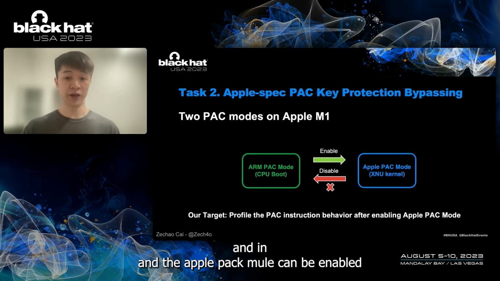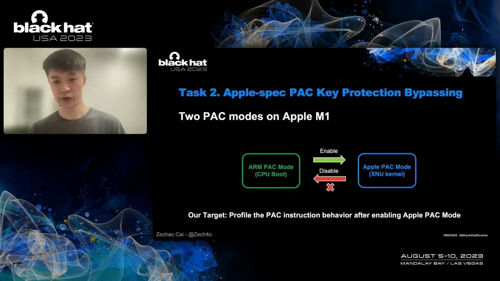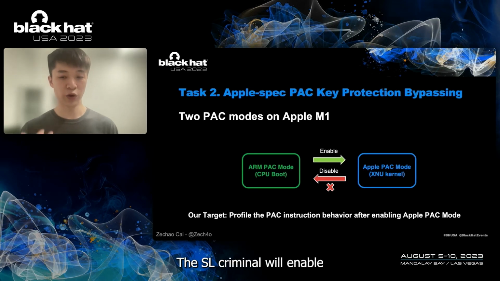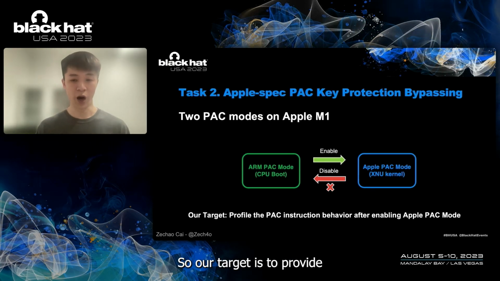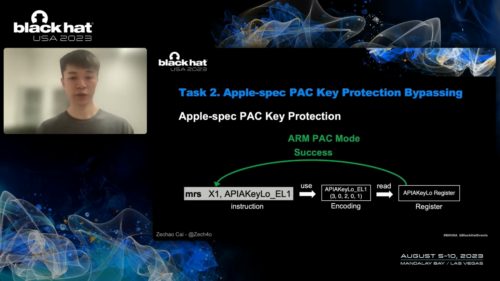The Apple PAC mode can be enabled by setting a bit of Apple-specific PAC system registers, and note that once you enable it, it cannot be disabled. The SM kernel will enable the Apple PAC mode during kernel boot. So our target is to explore the PAC instruction behavior after enabling Apple PAC mode.